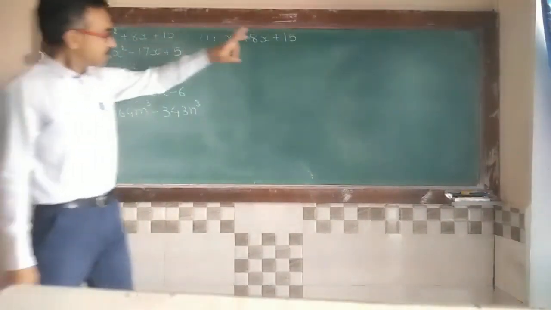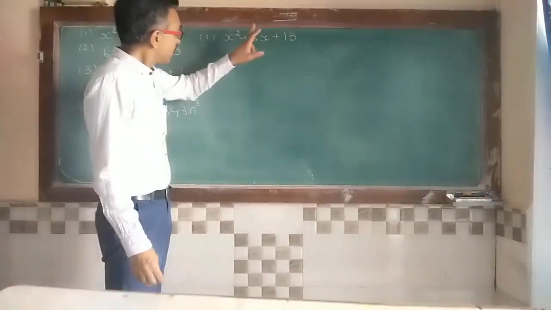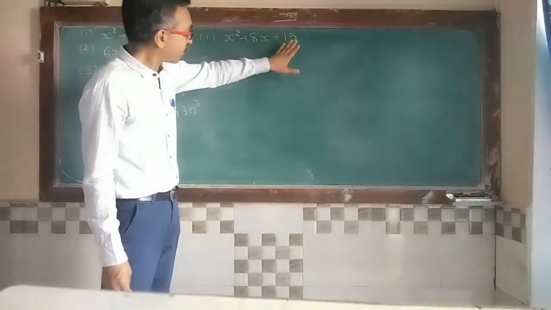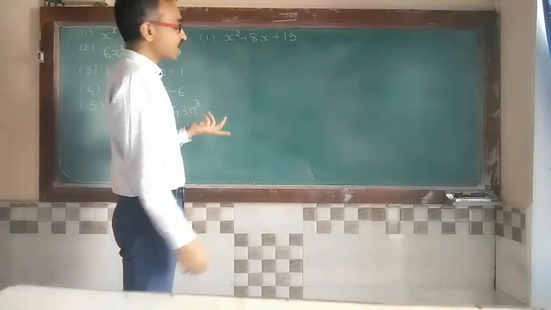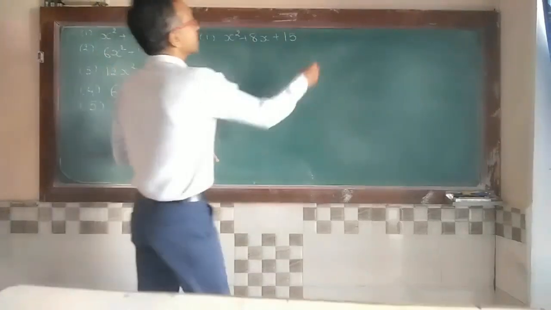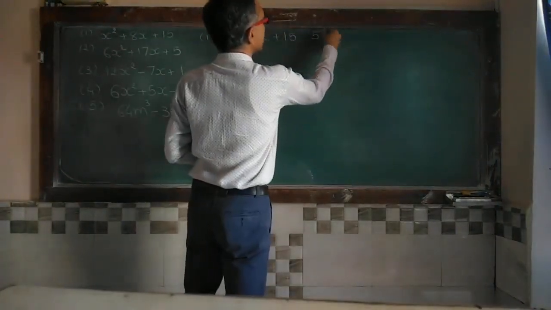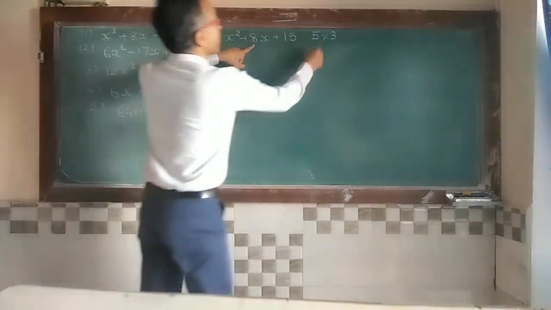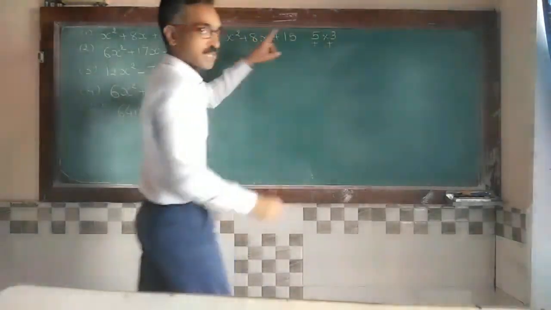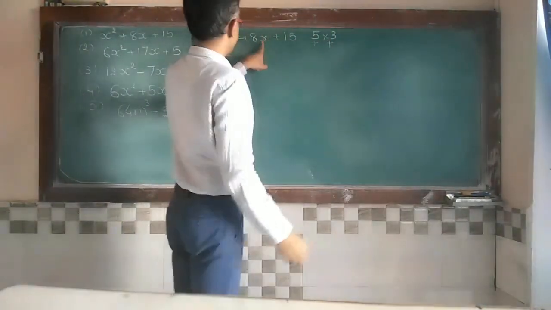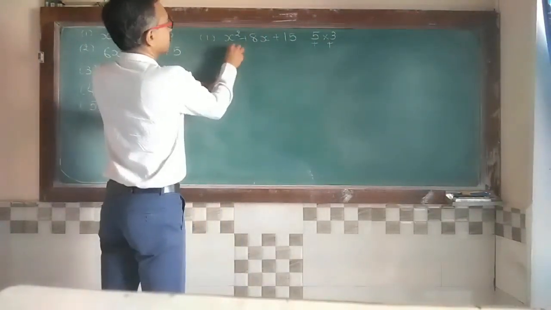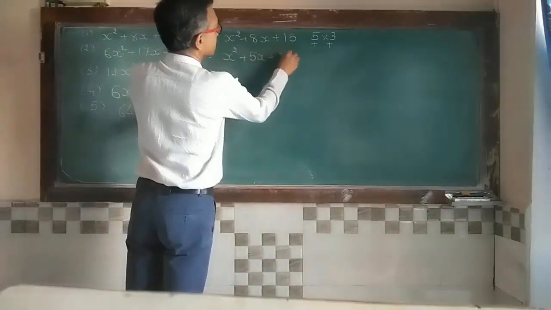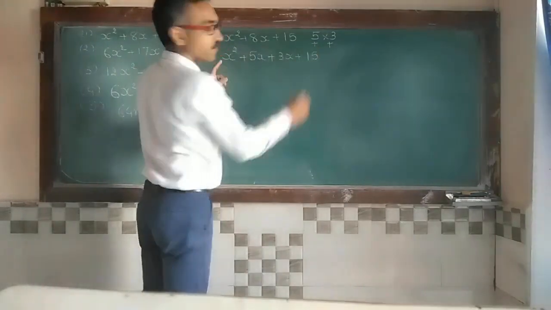Here 15 is given and here 8 is there, so you have to take 8 with the factors of 15. What are the factors of 15? This is 5 into 3, 5 threes are 15. We have to take 8, that means plus 5 plus 3, that is 8. So x^2 + 5x + 3x + 15.